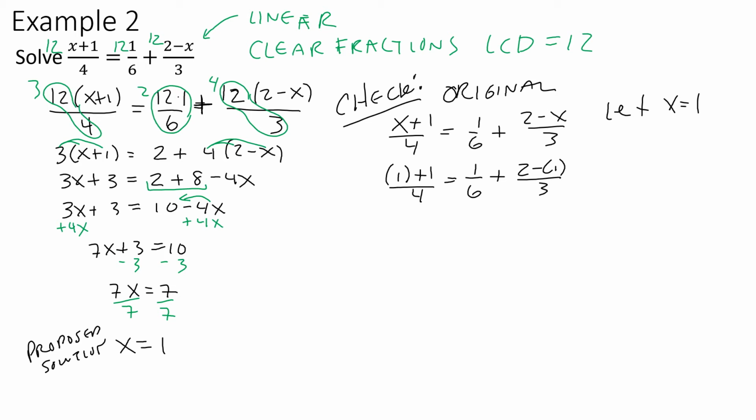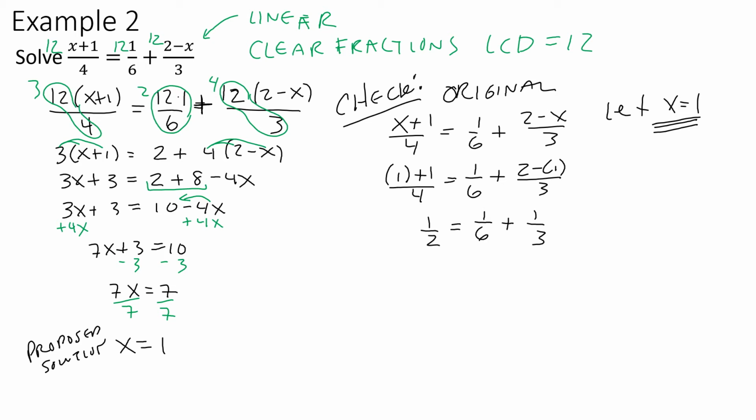So let's simplify that. On the first term, I have 2/4, which simplifies to 1/2 equals 1/6 plus, and that third term, in the numerator I have a 2 minus 1, so that gives me 1/3. So I'm looking to see, is this a true statement, because if x equals 1 is a solution, then it will make the statement true.